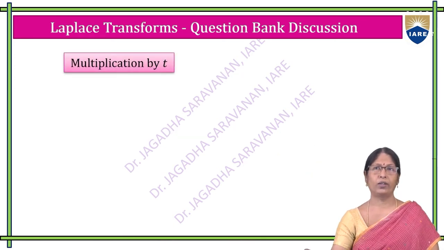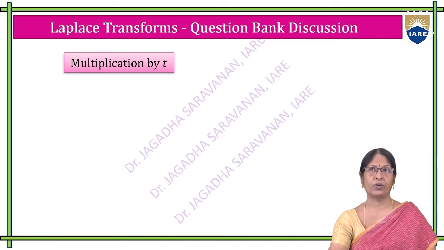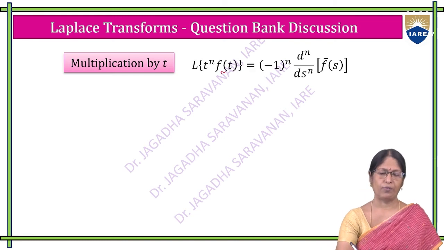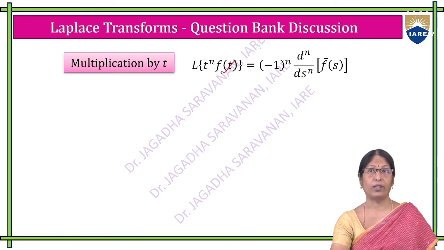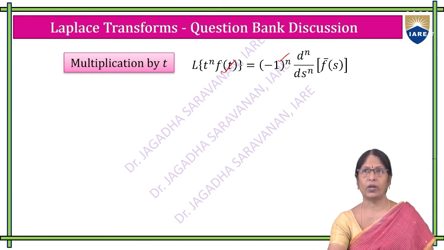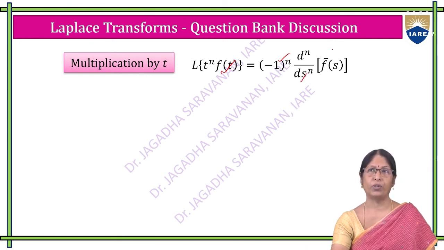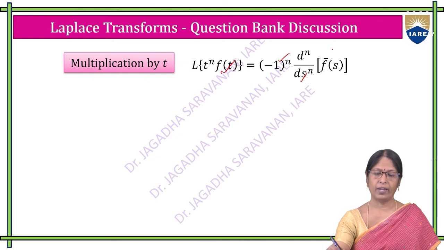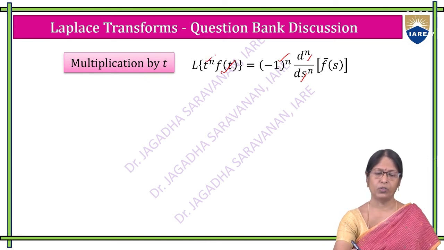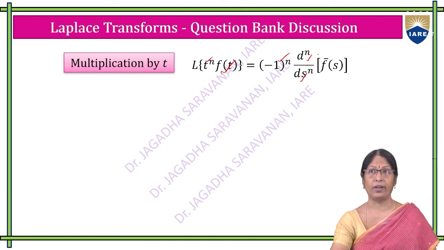Another one, remembering the formulas in our question bank. Multiplication by t: if f of t is multiplied by t power n, the formula is minus 1 power n, and we do the derivative n times of f bar of s. If t has the power n, we have to do the derivative n times.